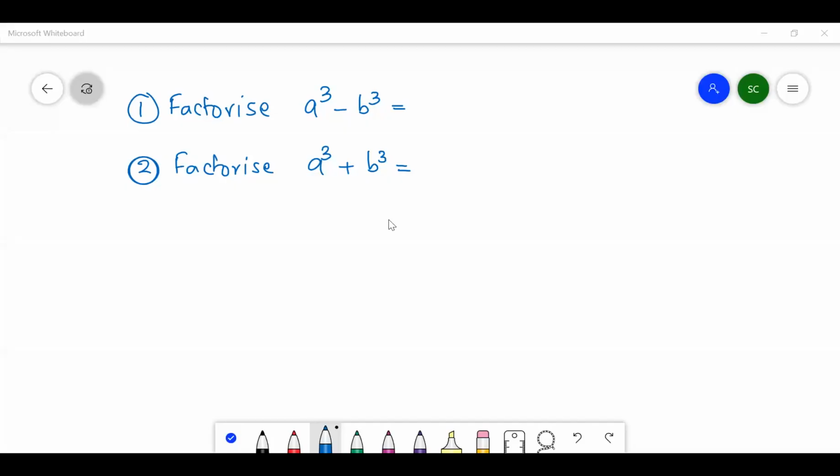Okay, let us use the factor theorem here. And now we have two new animals with us.